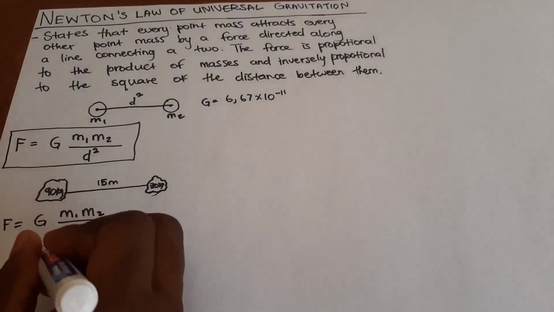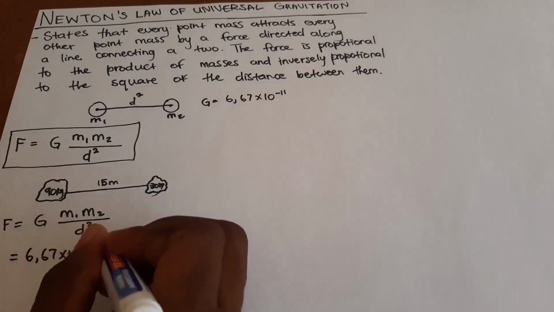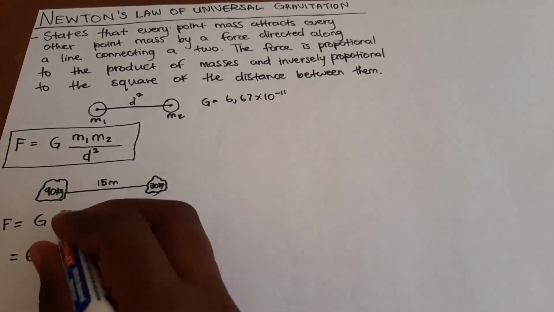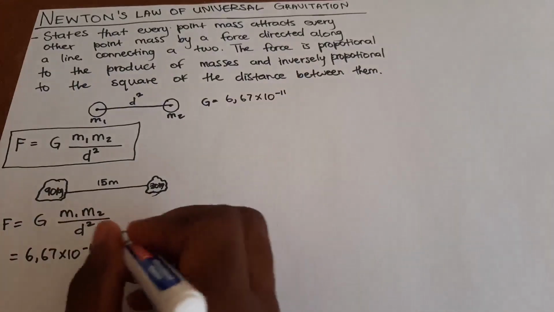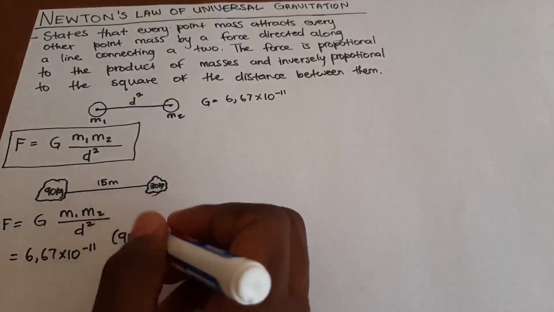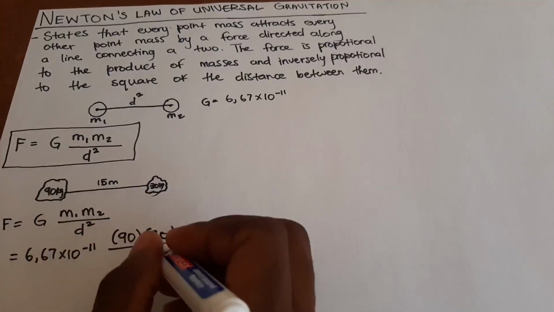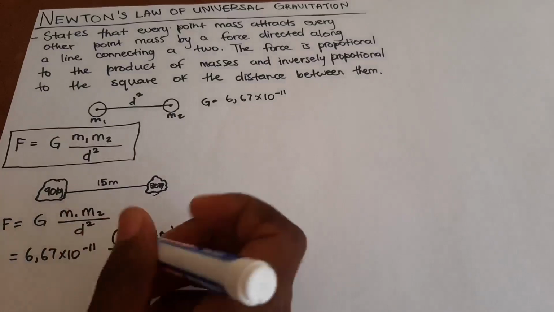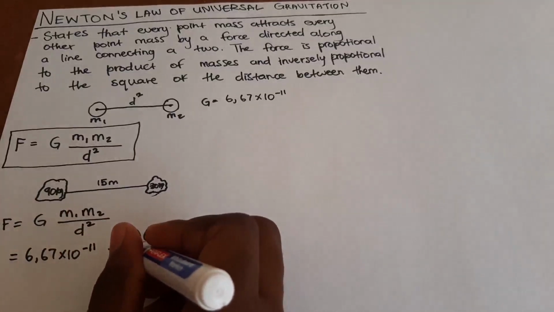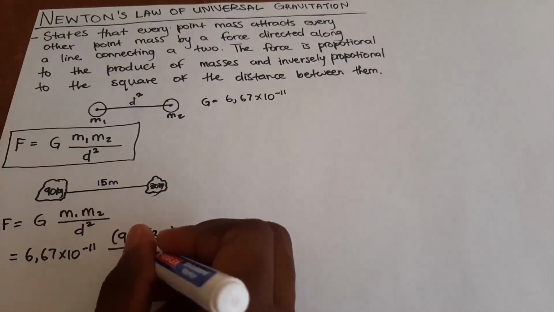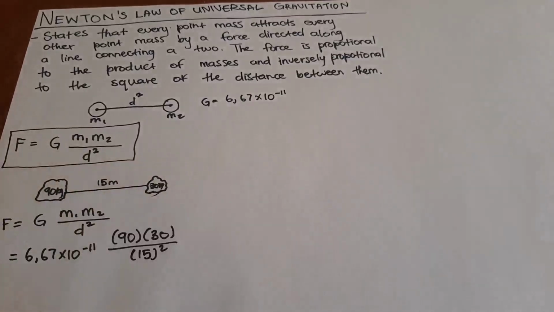It's 6,67 multiplied by 10 to the power of negative 11. What's our mass 1? It's 90 kg, multiplied by our mass 2, which is 30 kg, over d squared. What's the distance between them? It's 15 meters, so that's 15 squared.